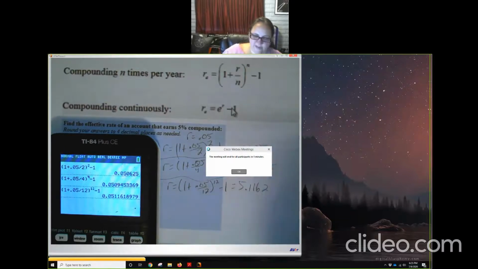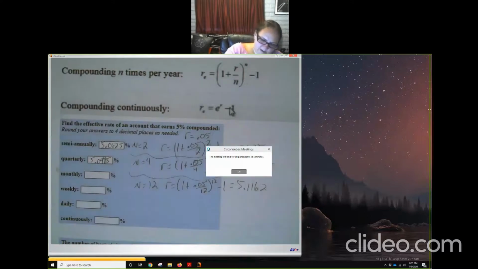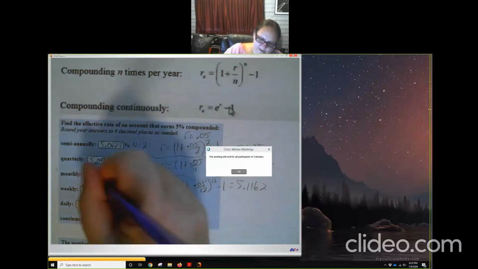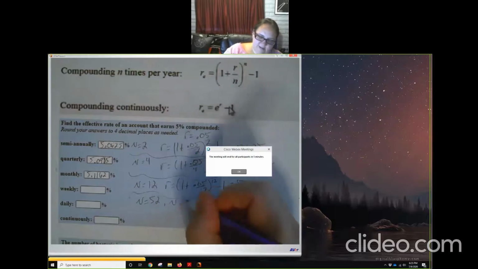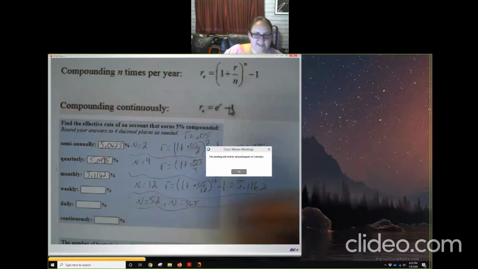That gives 0.1162. Weekly n would be 52. And then daily n would be 365. I'm not going to do those two because you're going to do the exact same thing that you did here.